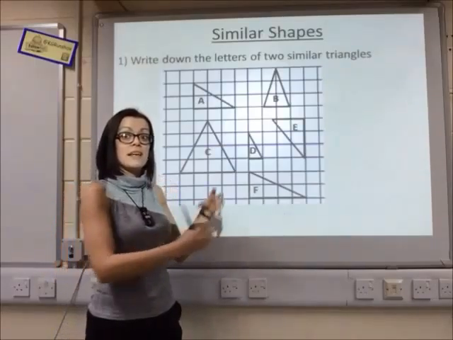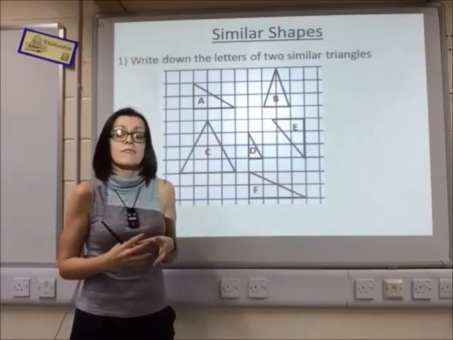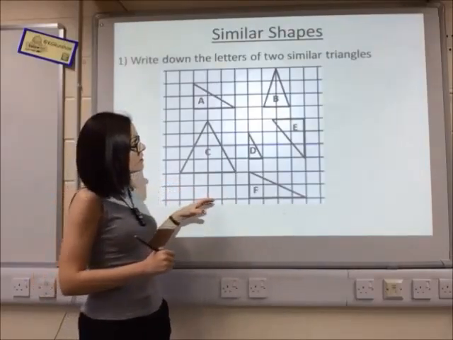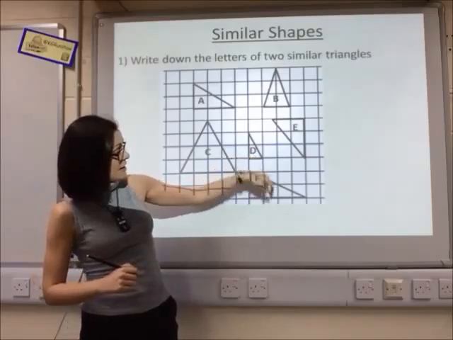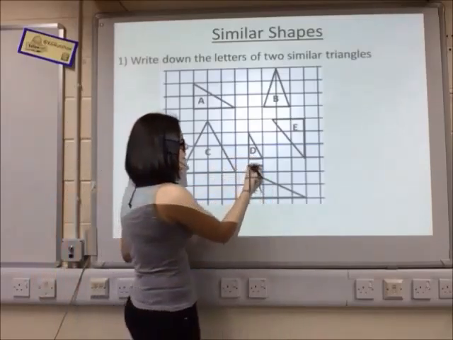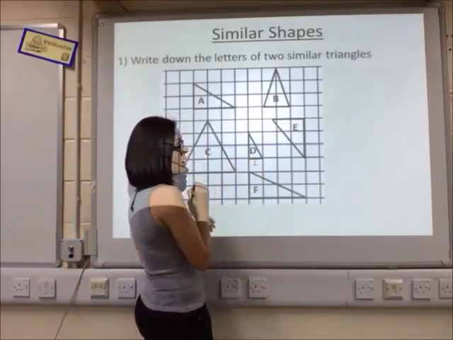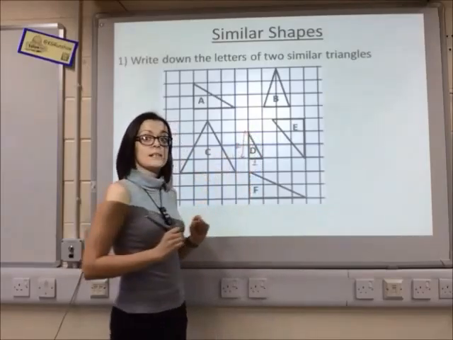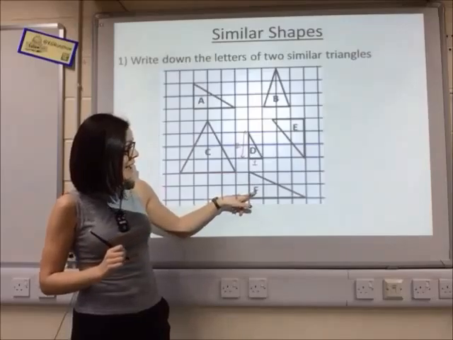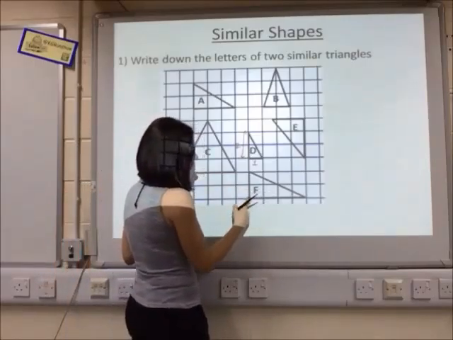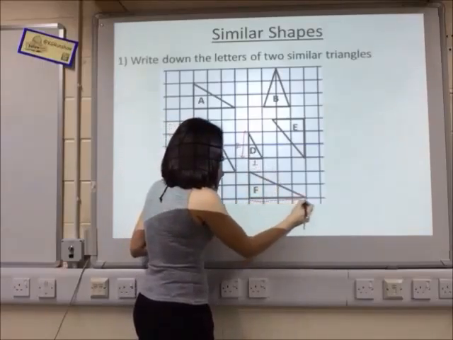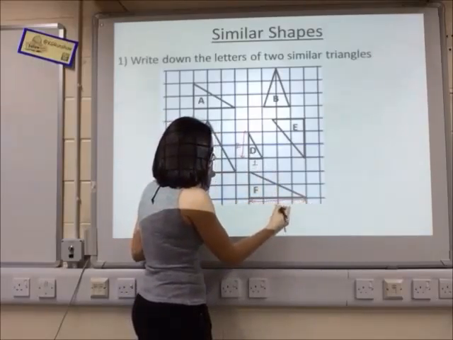The similar has got to be the same amount bigger, enlarged by a scale factor, the same amount in both directions. So if we have a little look instead at D and F, well, D is 1 square across, and it's 2 squares high. And F, if we look at the height of it, like the height of triangle D, then it's 4 squares that way.